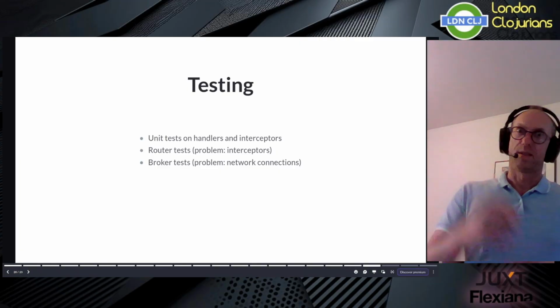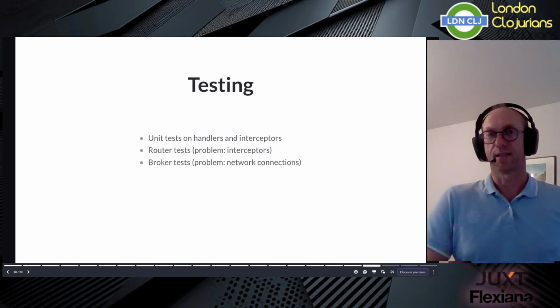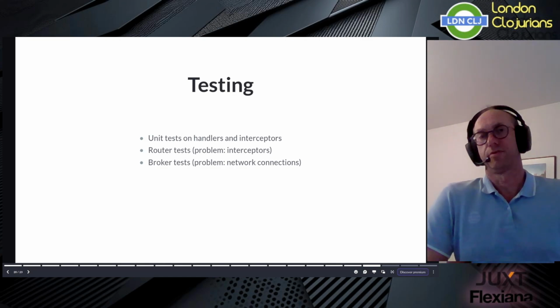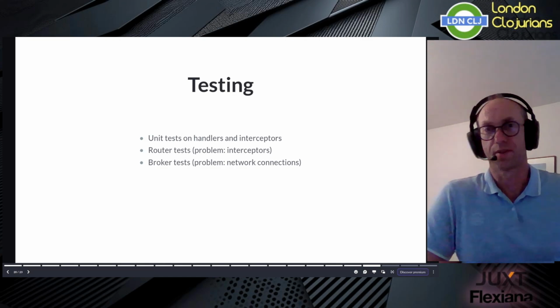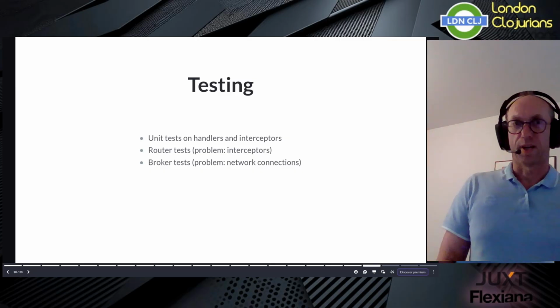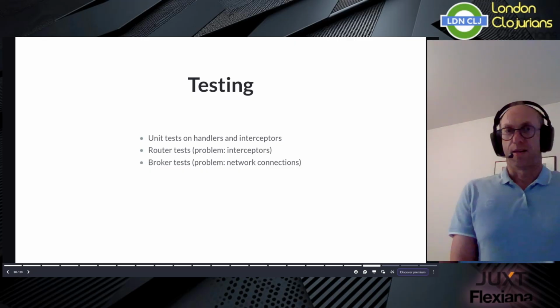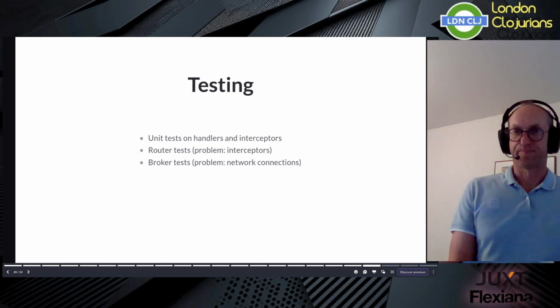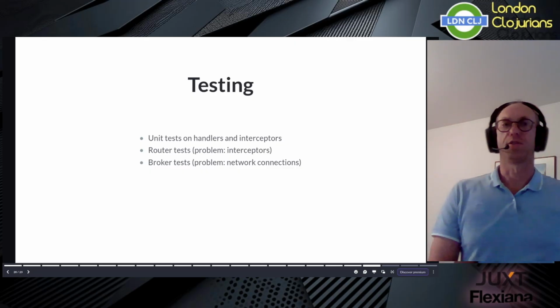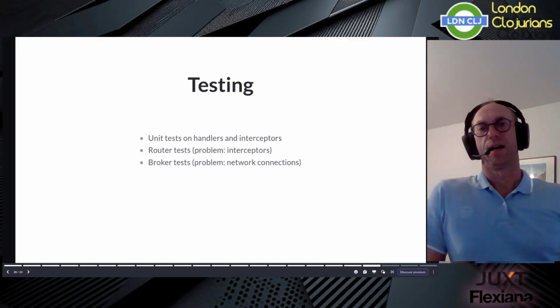So it's very necessary to be able to test that. Now, of course, the problem here is that these interceptors, as I already said multiple times, can have side effects. So how do you test that? Well, Mailman offers a solution for that, and I will show you in the code examples how to do that.